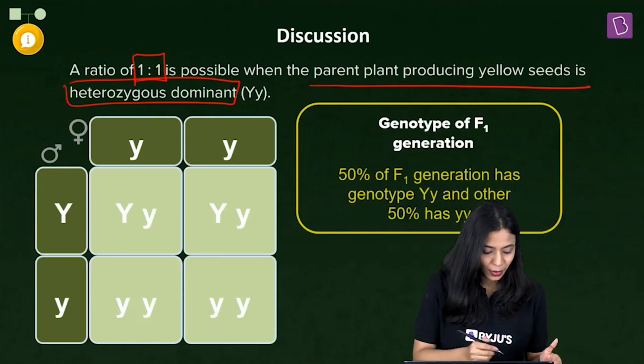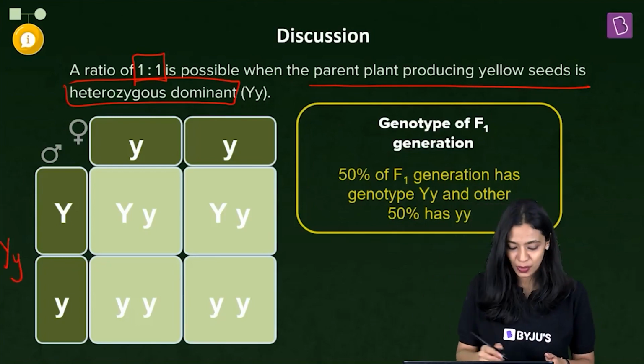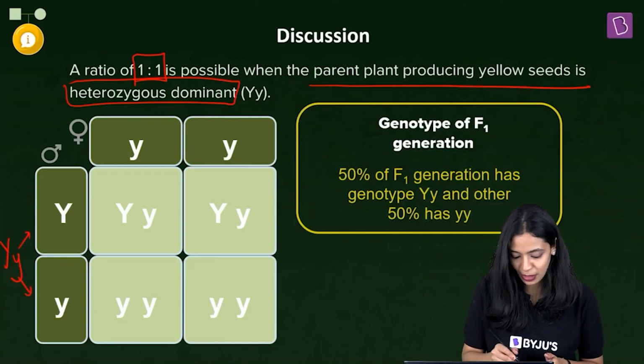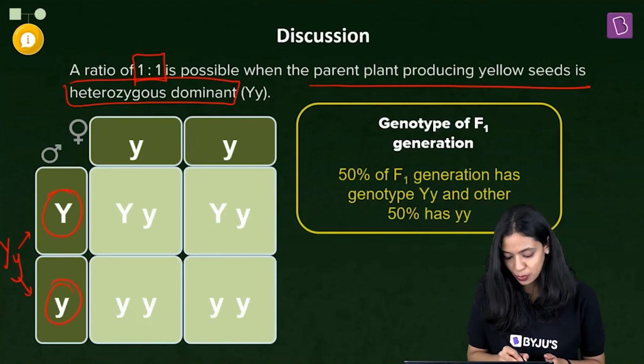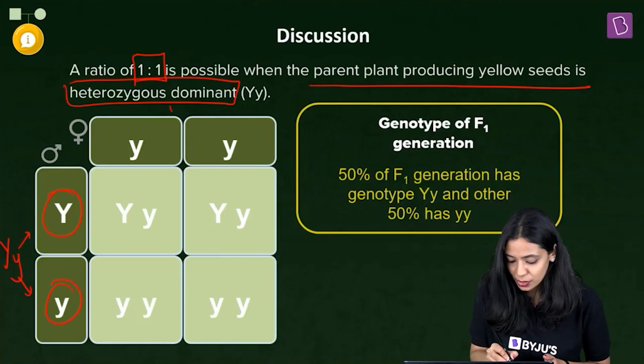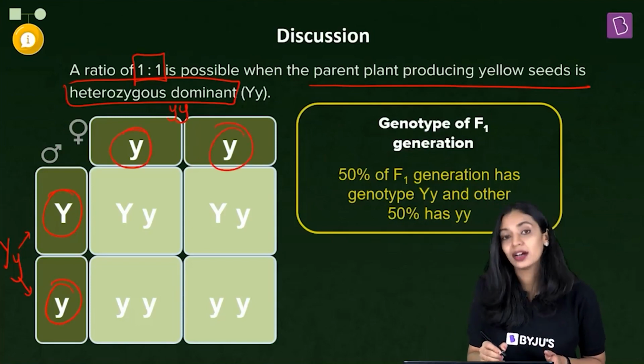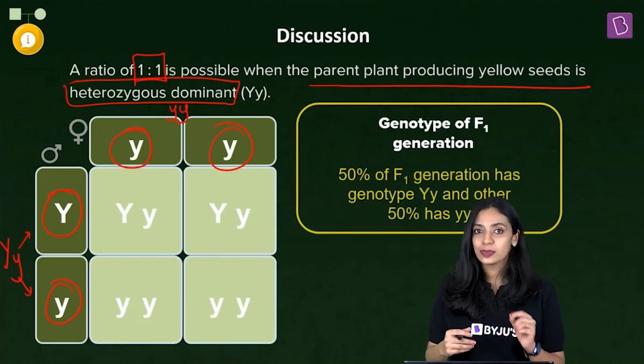Here's a cross. If the parent is capital Y, small y, if it is heterozygous, then it will produce two types of gametes, capital Y and small y. We are crossing that with a plant that is showing the recessive phenotype. So its genotype obviously will be homozygous recessive, and this will produce gametes that will contain the allele small letter y.